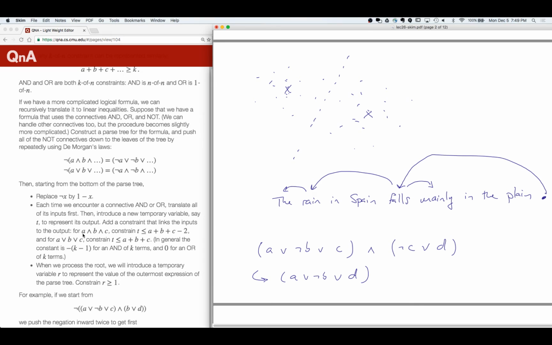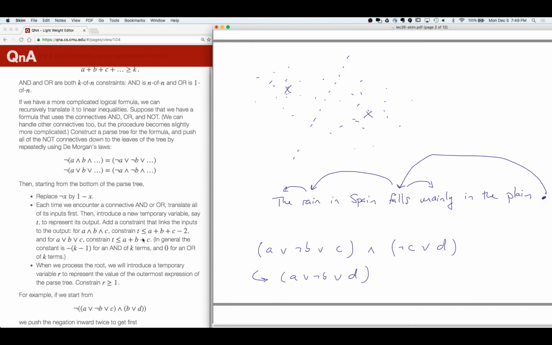So for example, if you have a and b and c, that's the same as saying t is less than or equal to a plus b plus c minus 2, right? And here t will be, sorry, I wrote this constraint wrong. I will fix this after class.